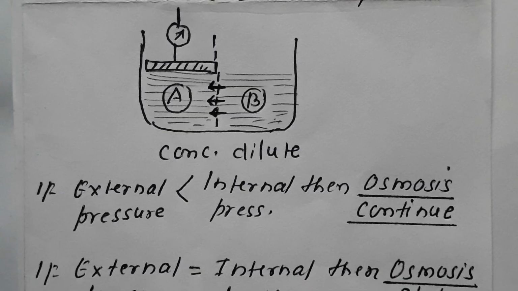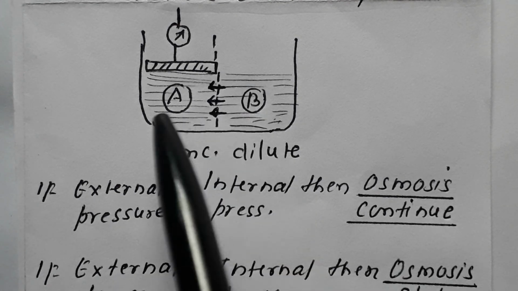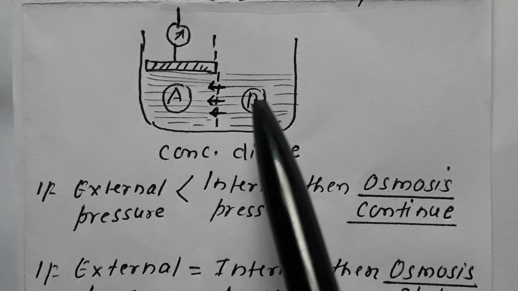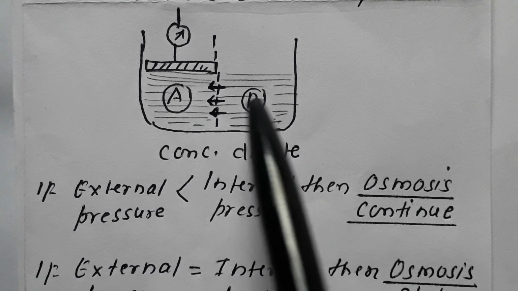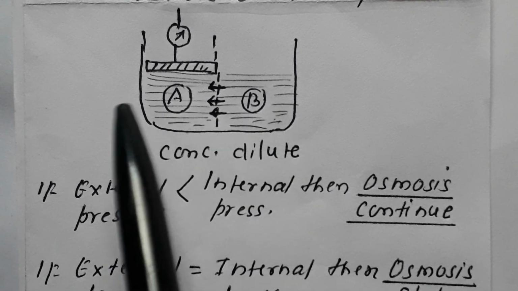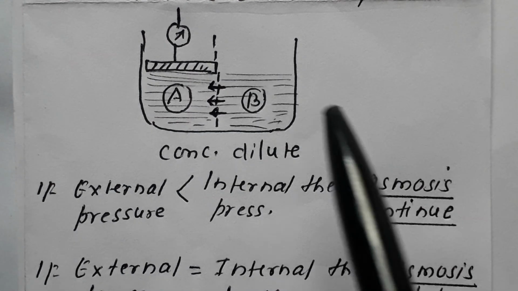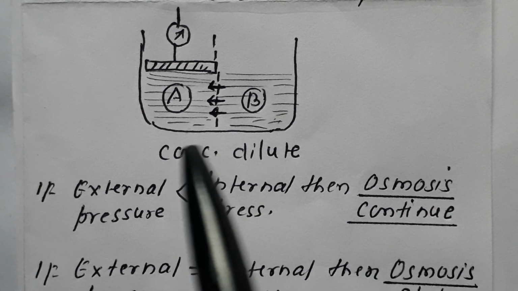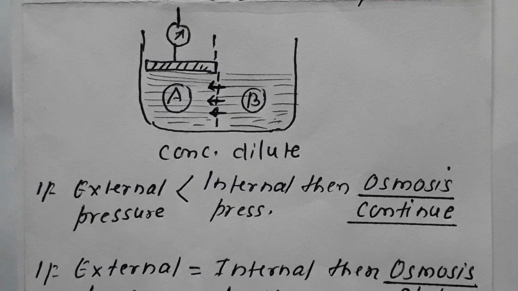Let us elaborate. In this setup, there are two solutions across the semi-permeable membrane, of which solution A is concentrated and solution B is dilute. Therefore solvent particles start moving from B to A, exerting pressure on A. This movement of solvent particles is the internal property, and the pressure exerted is the internal pressure.